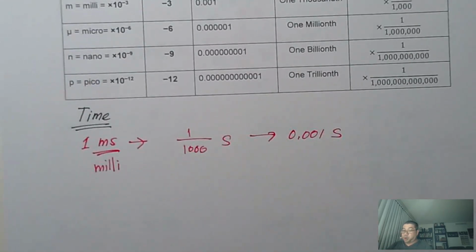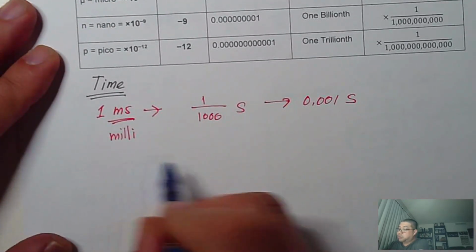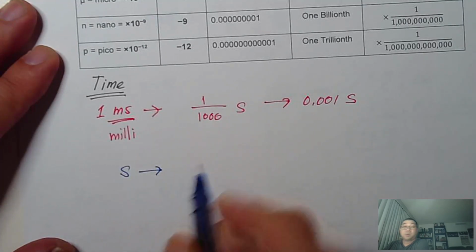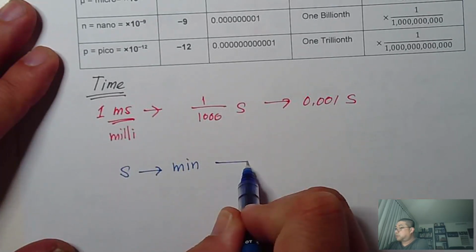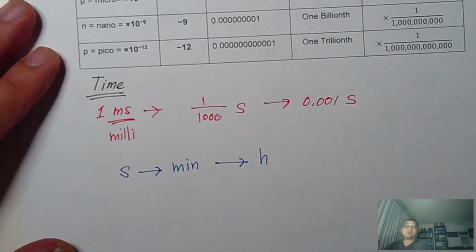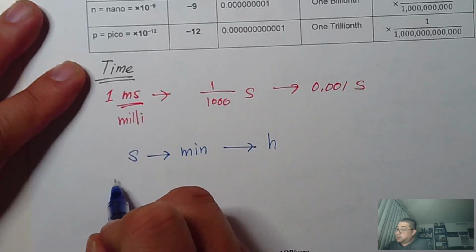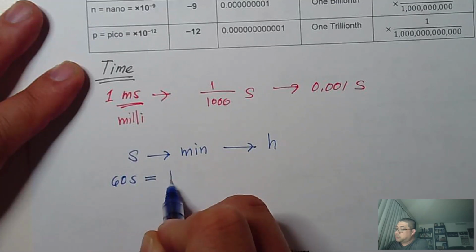Now, conventional conversion goes from the smallest one, which is seconds, to minutes, and then to H, which is hours. 60 seconds is equivalent to 1 minute.